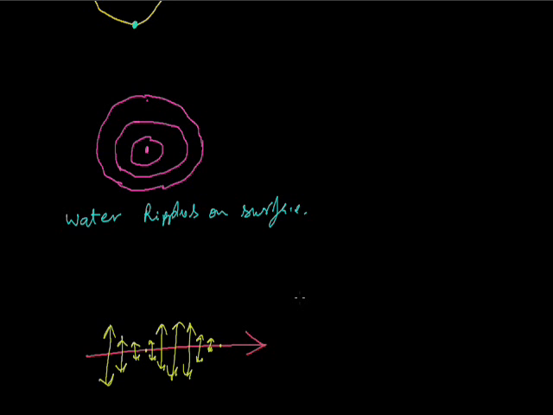Similarly, in a heavy rope with one end tied to a hook, if we give a jerk at the free end, we can see that the wave travels along the length of the rope, but each part of the rope vibrates up and down. So this is the best example of transverse waves.